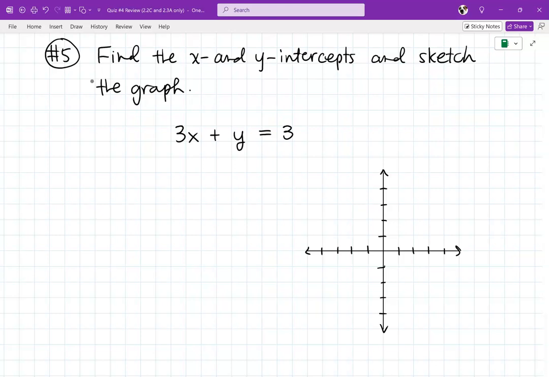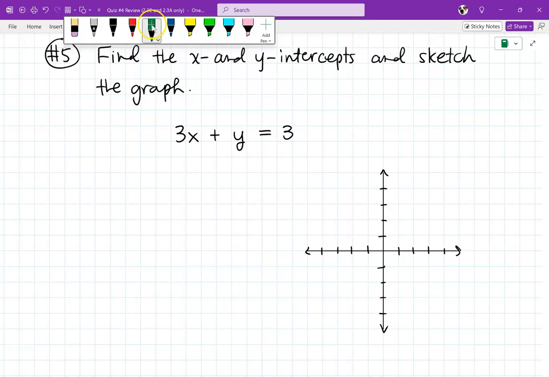I'm going to find the x and y intercepts, and I'm going to sketch the graph. Now remember, the way I told you guys to find the x, y intercepts is to make a t-table, right, and use zeros. I guess you could say reverse diagonally. Not like most people would do it from the top left to the bottom right. We're going to go top right to the bottom left. So it's going to look like this. I'll put a little cheat sheet here.